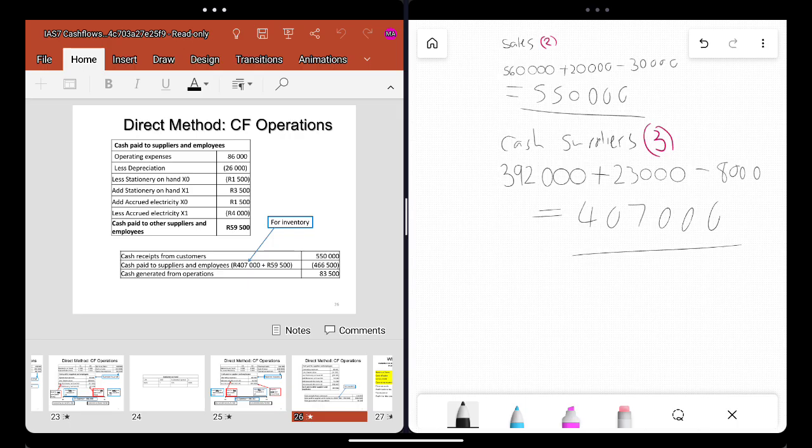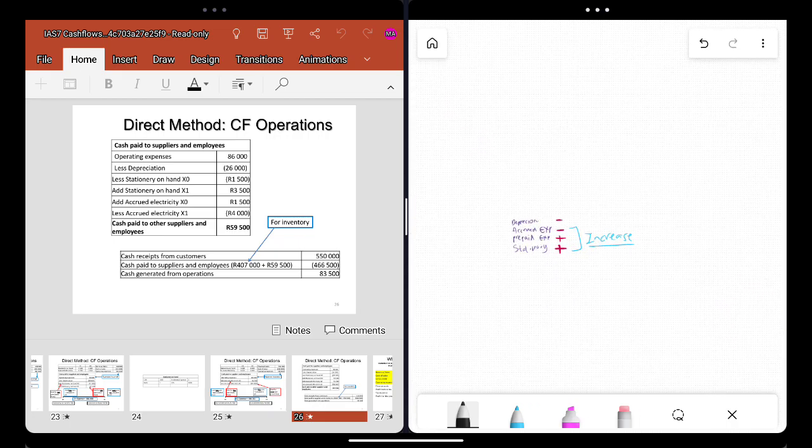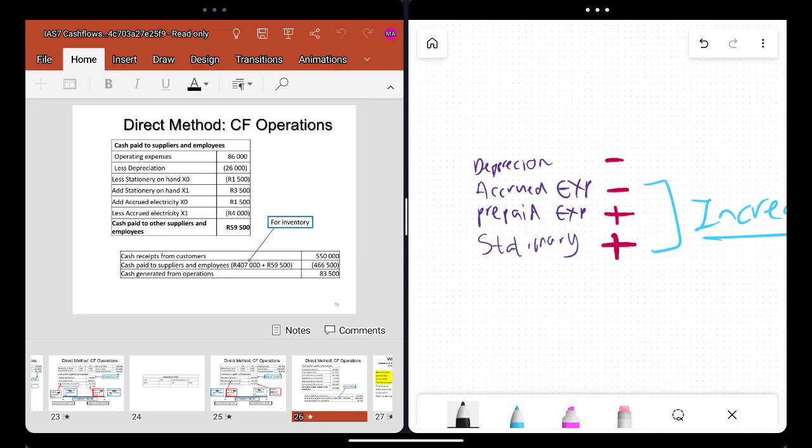So my formula is these four simple things. These four simple things will do everything for you, literally. So now to calculate cash paid to employees, although the name says cash paid to employees, it's basically not to employees, literally. It's just changing the operating expense in the income statement to cash paid.